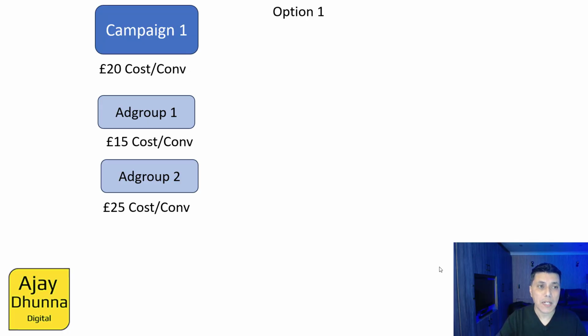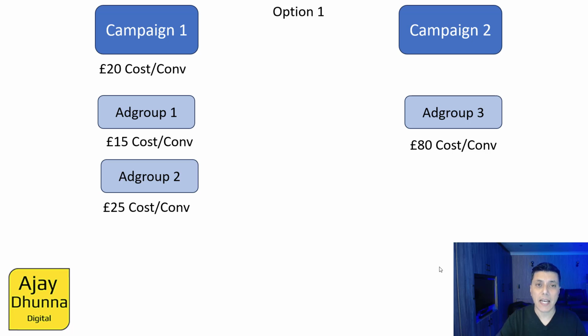Now, let's assume you've looked at all this and everything ticks the box. So what are the options? The first option is to separate the ad group. You take out ad group 3 and put it into its own campaign.